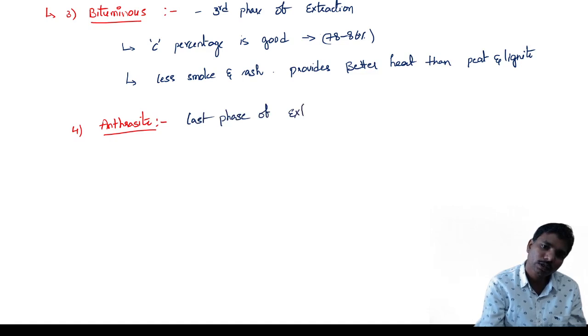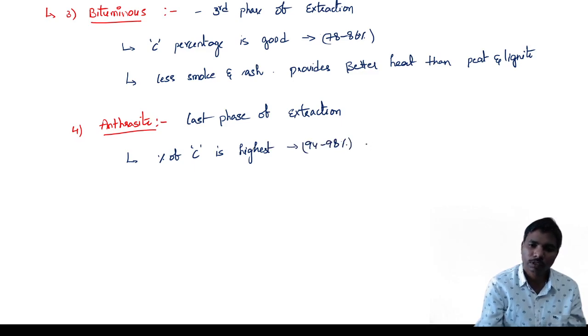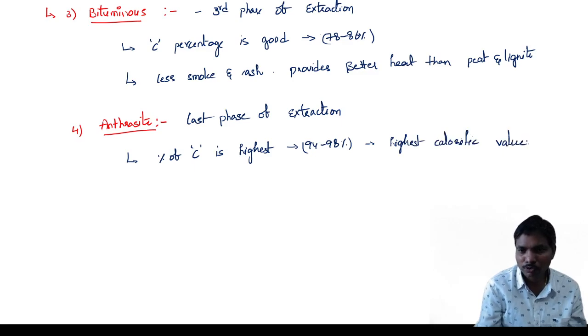Percentage of carbon is highest, 94 to 98%. So it has highest calorific value. So consider as best type of coal.